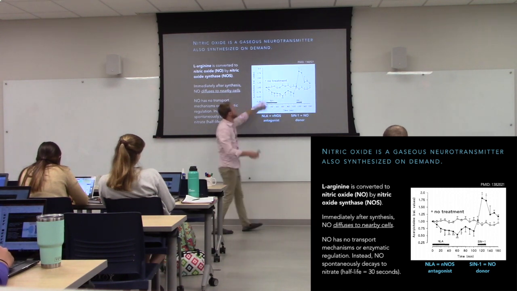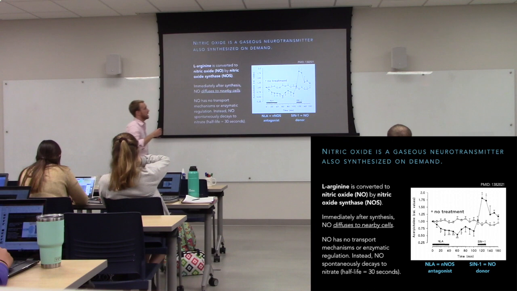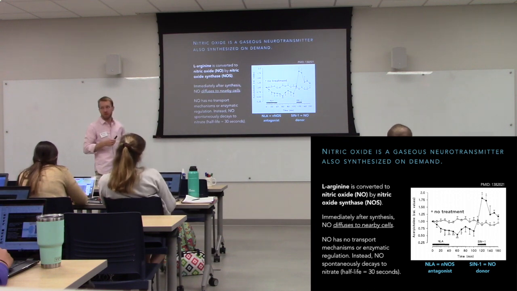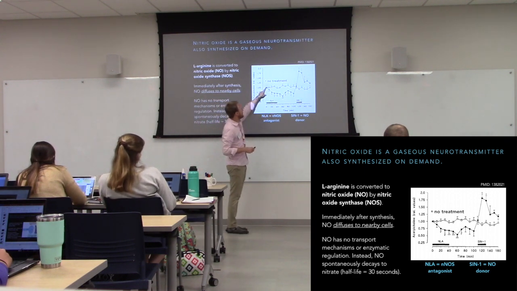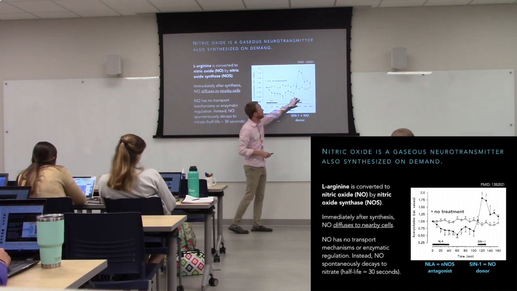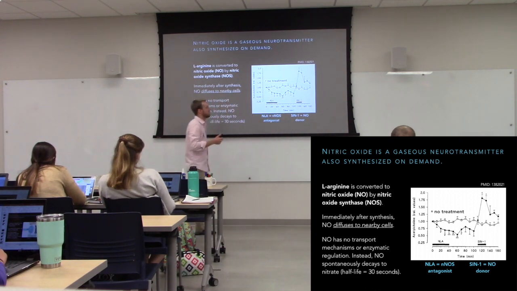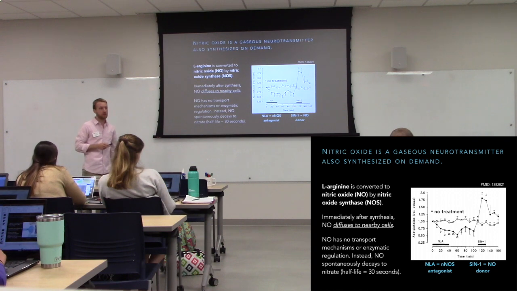This way you can just see the stability across time for the amount of acetylcholine that they're measuring. When they inhibit nitric oxide synthesis, notice that drops. We're decreasing neurotransmitter release. Whenever we add a nitric oxide donor, whenever we bump up nitric oxide levels, notice the dramatic increase in neurotransmitter release.